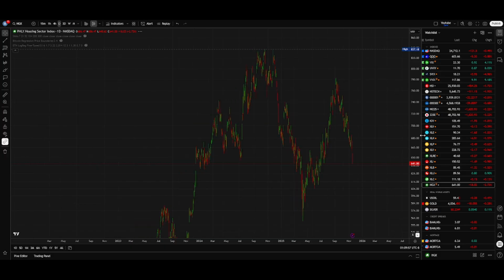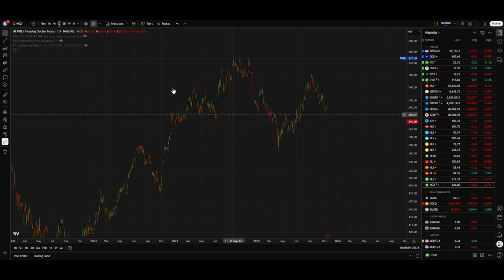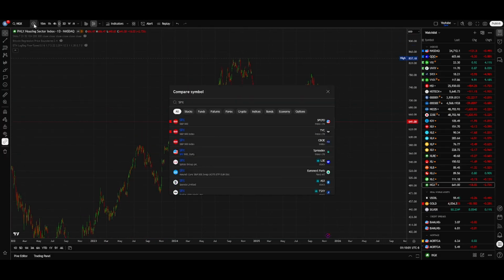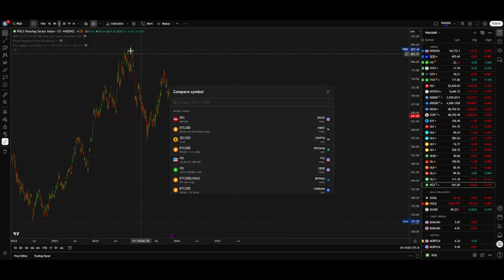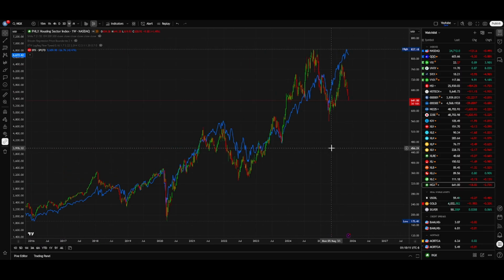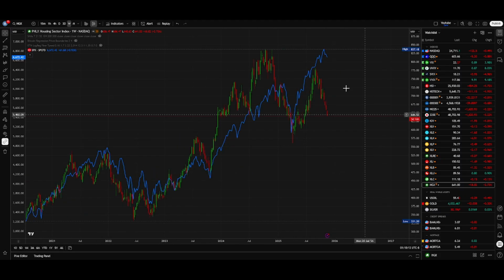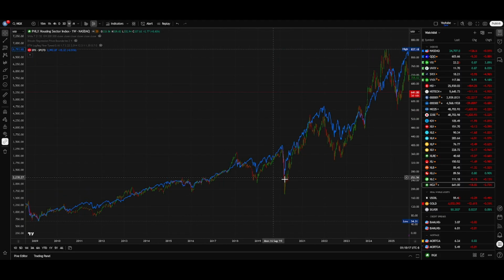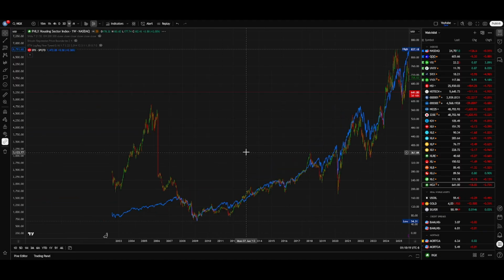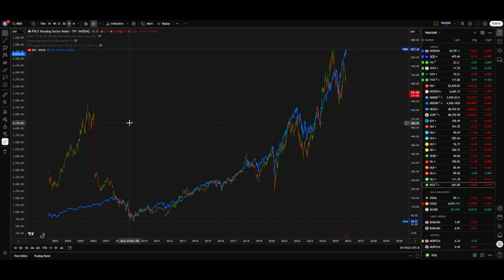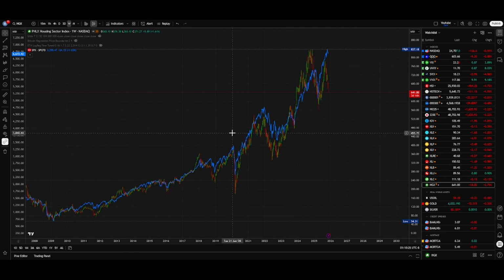The housing index looks really bad. If we overlay the housing index with the SPX, they follow very close. The SPX is still up here, but housing is down here, right? And you can see how close these follow. Maybe 2005 is a little bit of a thing, but again, that was going into the financial crisis, right?